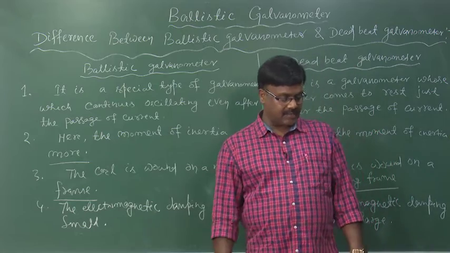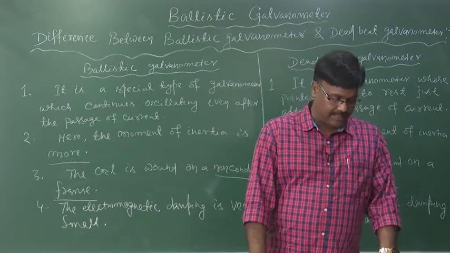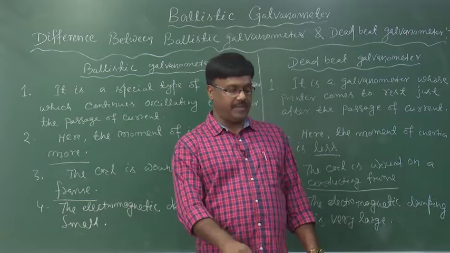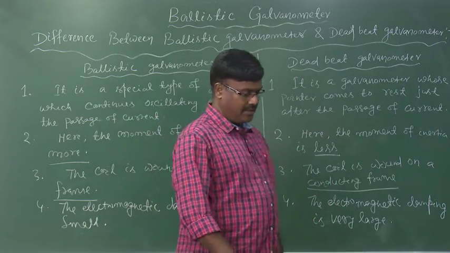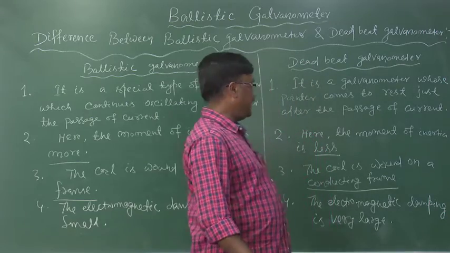And the resistance of the circuit including that of the coil is very large in case of ballistic, whereas in case of deadbeat galvanometer the resistance is very less.